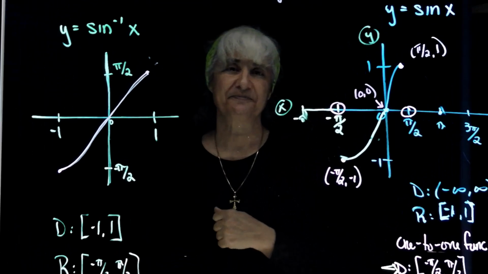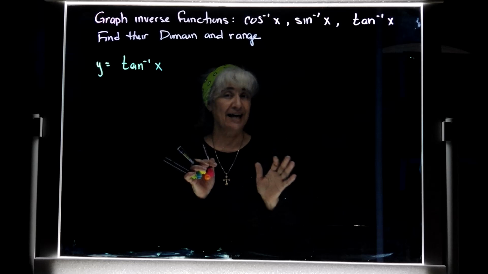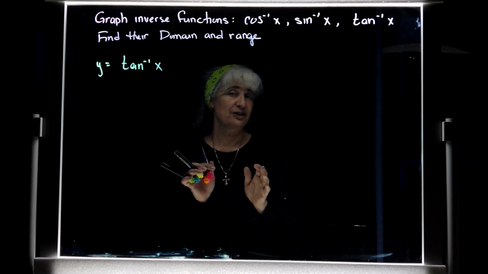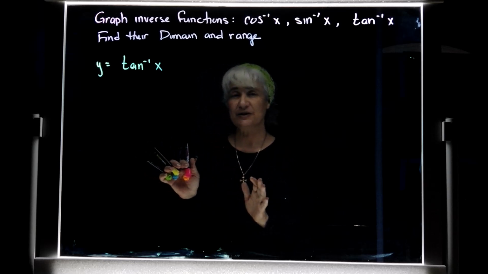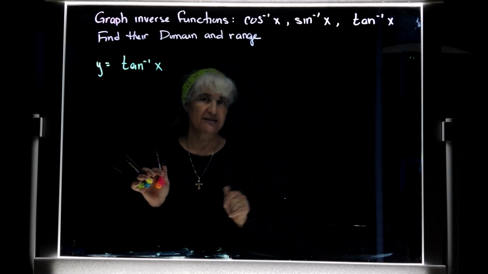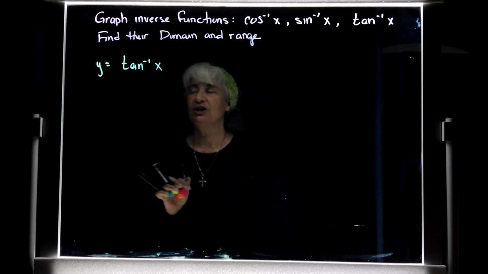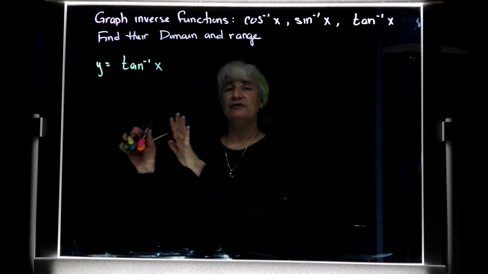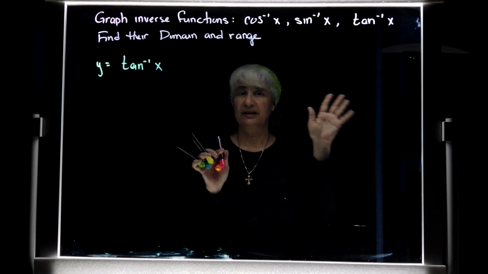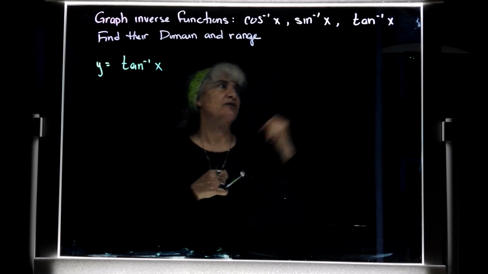I'll be right back. Okay, ready to graph the last of the inverse functions that we're going to work with? Tangent inverse? All right, or arctan as it's called. It could also be called arc cosine, arc sine, and arc tangent. Okay, but before we graph the inverse tan, let's look at the tan function itself.